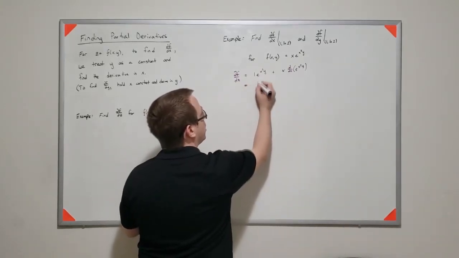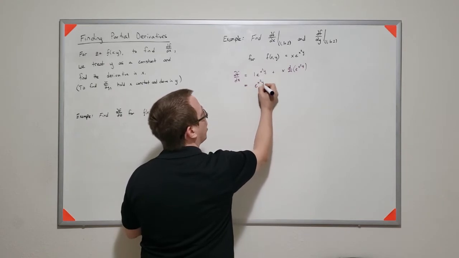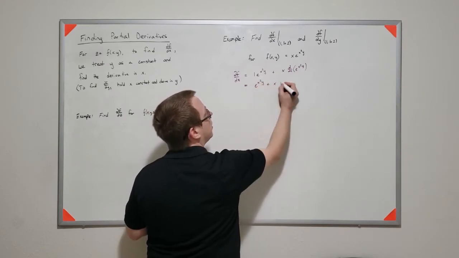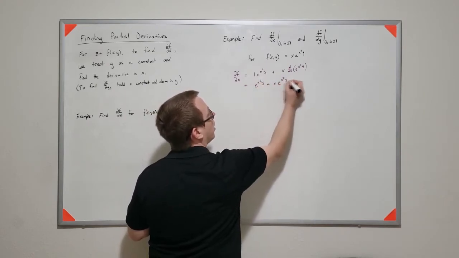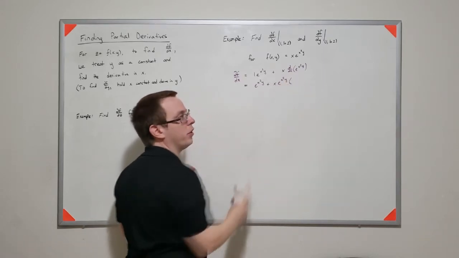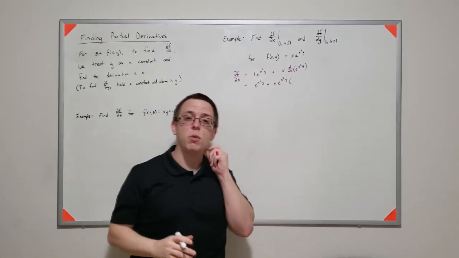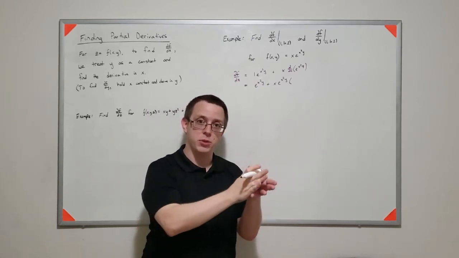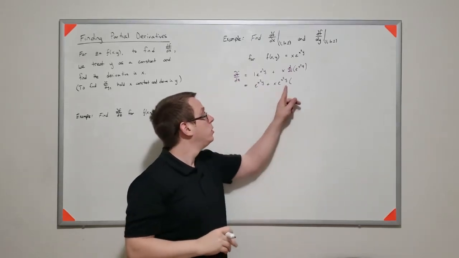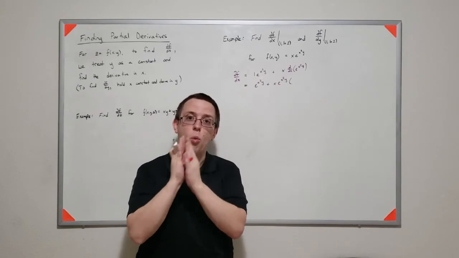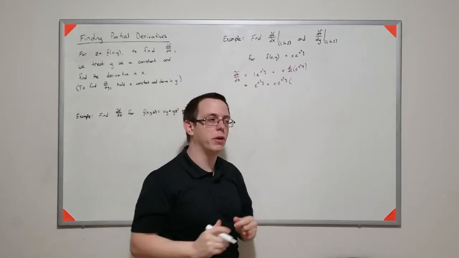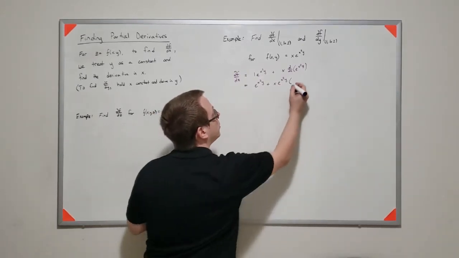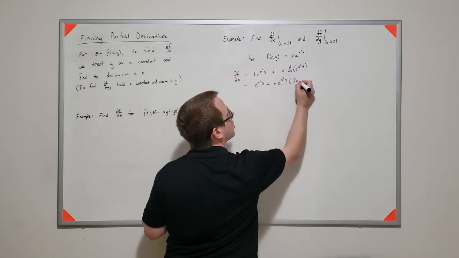So that's going to be e to the x squared y plus x e to the x squared y times the derivative of the thing. Again, if this were 5x squared, the derivative would be 5 times the derivative of x squared. So this is x squared y, so it's y times the derivative of x squared. So you have 2xy.